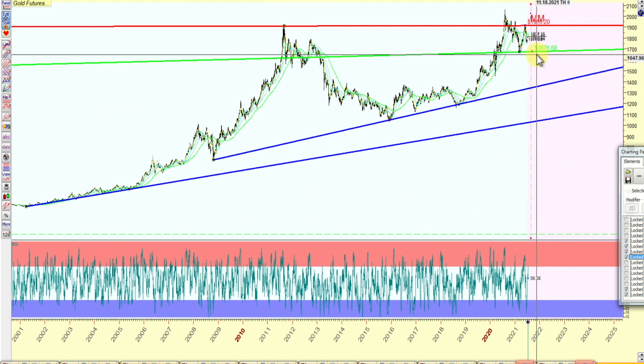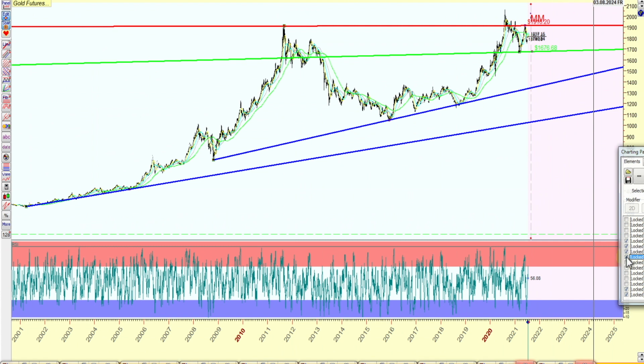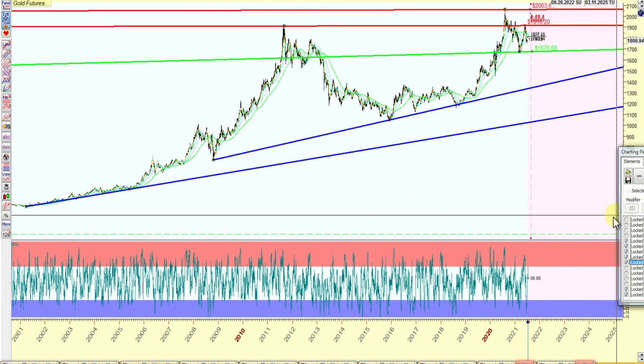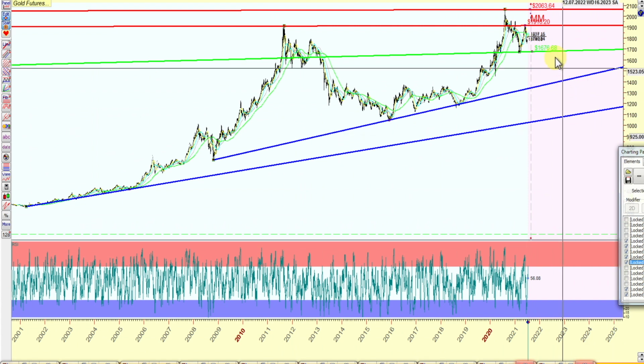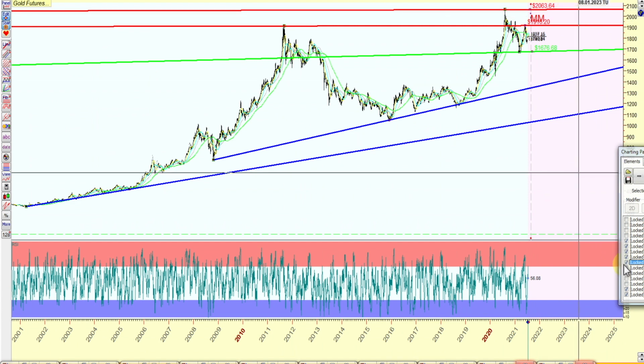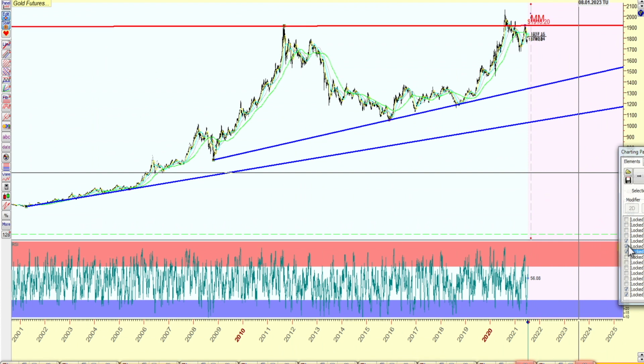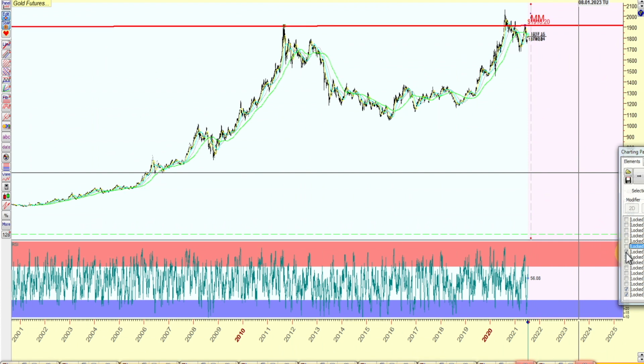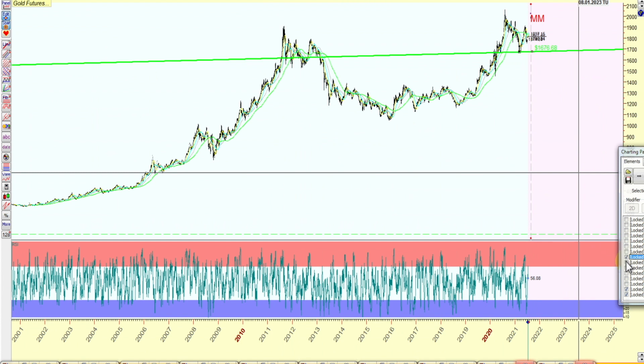I'm noticing these lines are not really that straight. And there's that top. 1676, 1916, 2063. Get all that out. Keep this clean. You leave the trend lines.